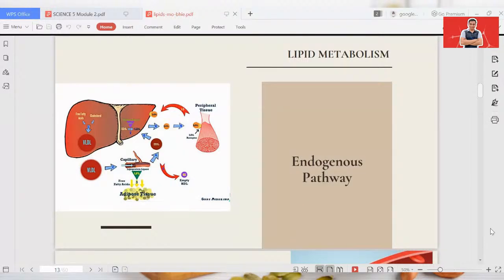So it involves the liver, but it does not involve the gastrointestinal tract. Kaya wala ng absorption nangyayari dito. So it starts off from previously produced lipids, which are packaged into VLDL particles, which are transported throughout the body to deliver triglycerides. So similar lang ang kanyang fashion doon sa chylomicrons.